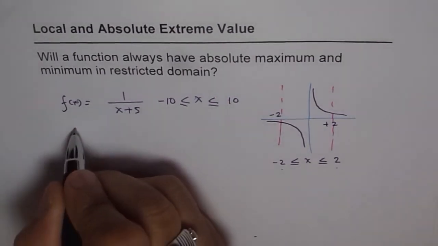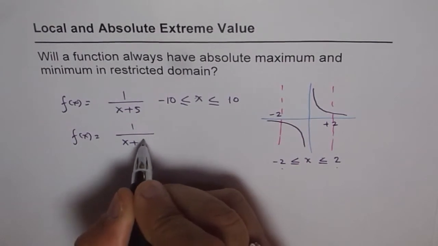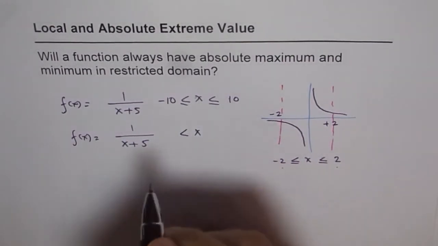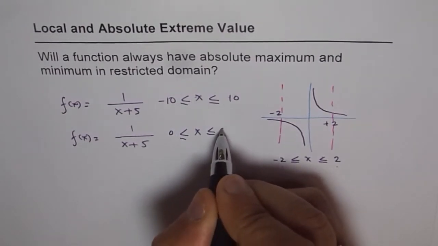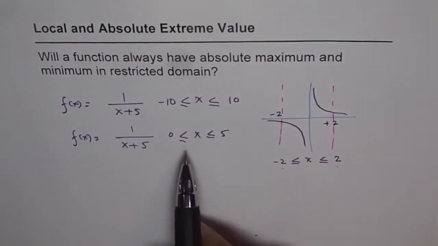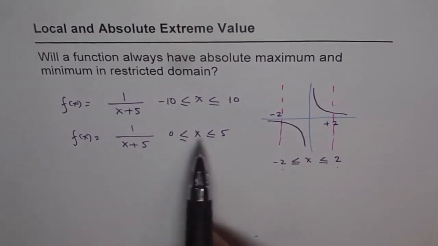But if I have the same function, 1 over x plus 5, within the domain where x is between 0 and 5, for example, in that case it will have absolute maximum and minimum at 0 and 5.